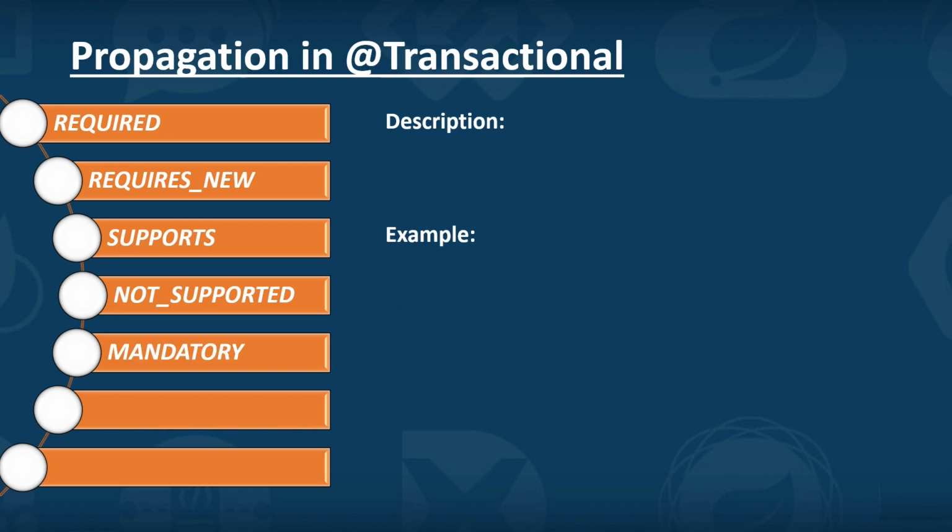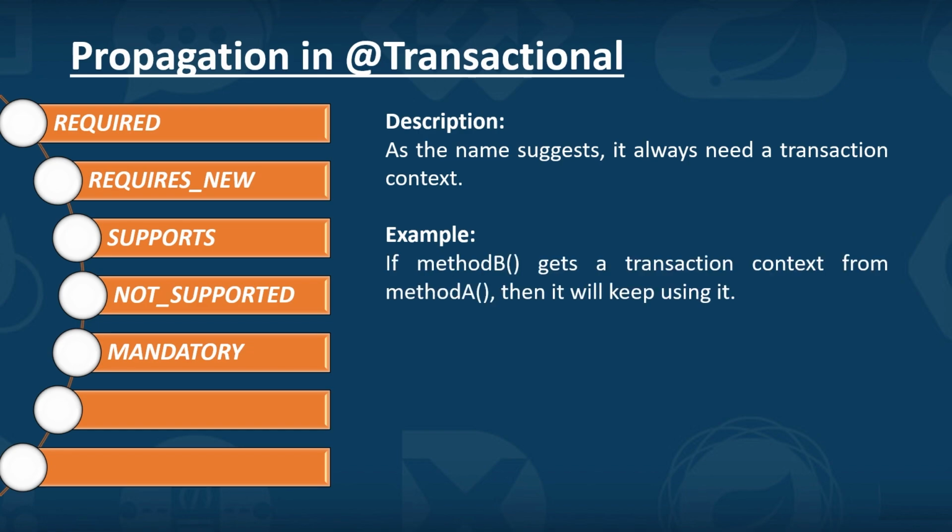Now the next one is mandatory. So now let's see how mandatory is going to be different from required, because in general English many times we simply keep interchanging these two words, required and mandatory. But here let's see how it differs. It says that it always needs a transaction. What does it mean? It means that if it gets something from method A, then method B will keep using it because it needs it.